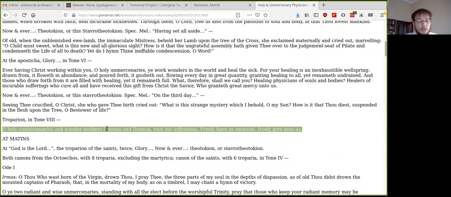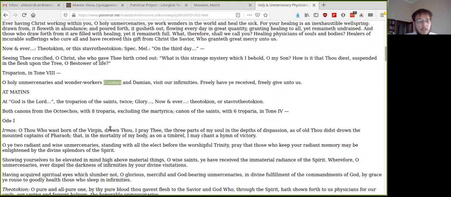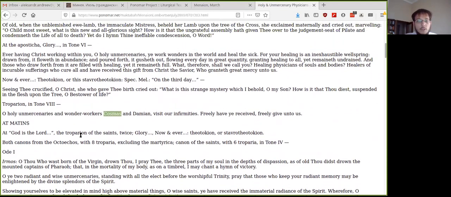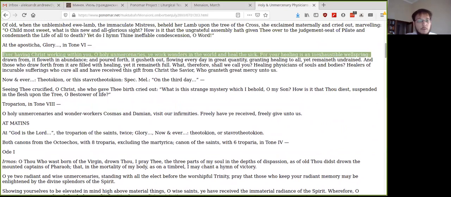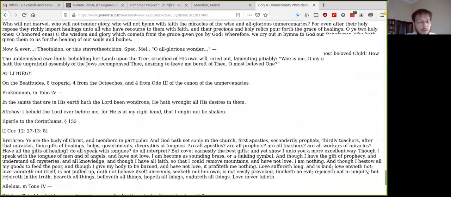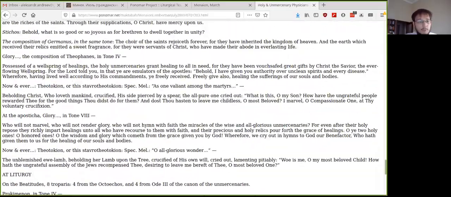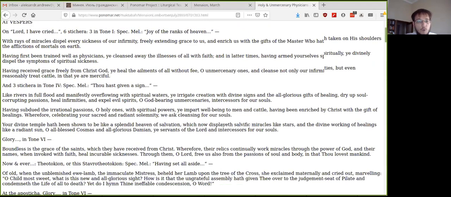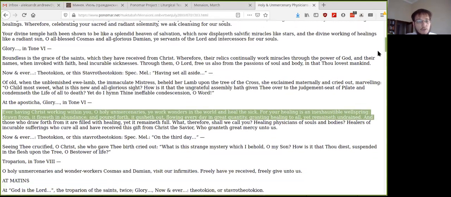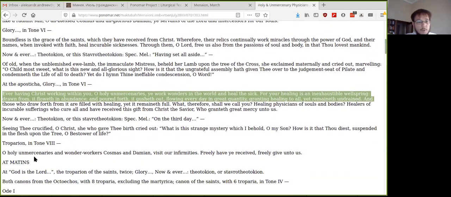Tone 8, Holy Unmercenaries and Wonderworkers Cosmas and Damian. The same troparion is going to be used also at God is the Lord at the beginning of Matins, and the same troparion is going to be used at the end of Matins, okay? But it is not printed there, right? It's only printed once in the Menaion at the conclusion of Vespers.